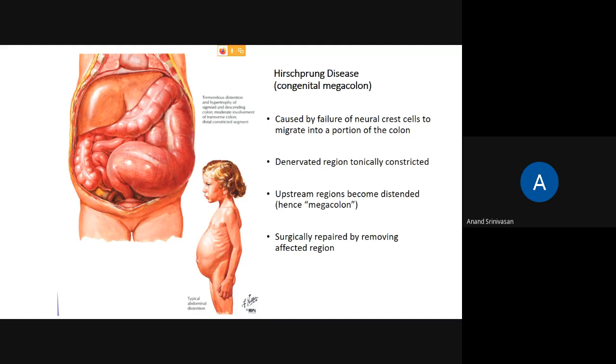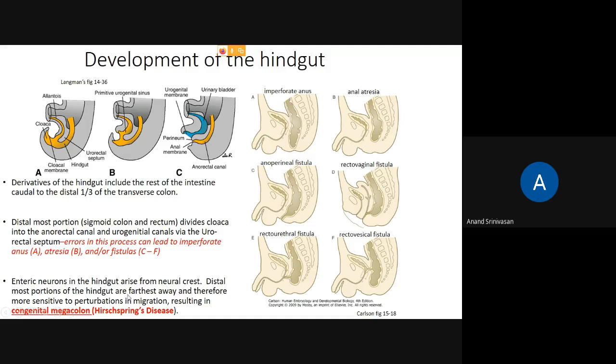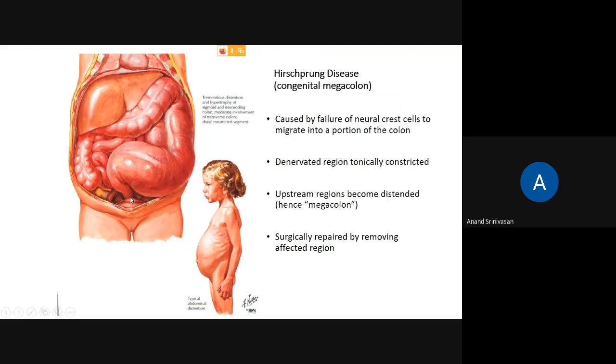So the portion which is proximal to the absence of the neural crest cells will be enlarged. Here you can see the myenteric plexus will be absent in this portion. So proximal to this, the colon is enlarged.